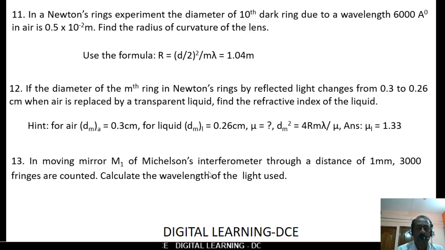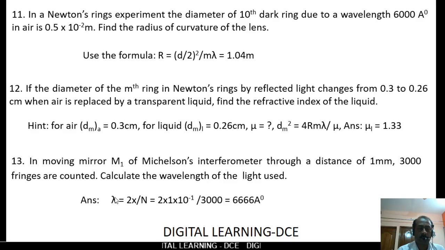Here it is based on the Michelson's interferometer. For this one, you can use the simple formula. It is one of the applications: Michelson interferometer is used for finding the wavelength of light used.